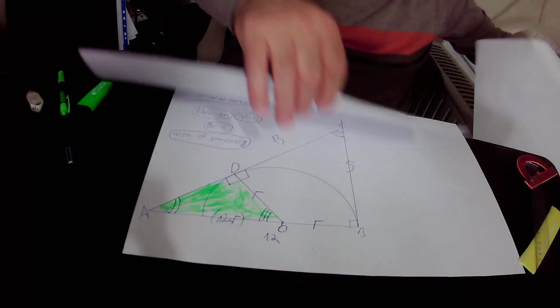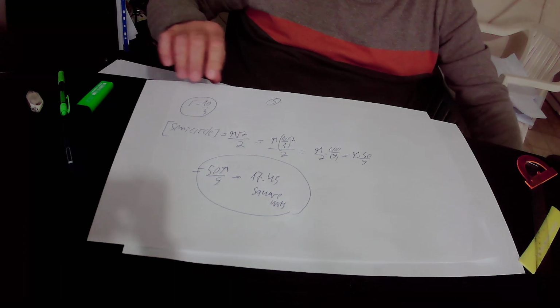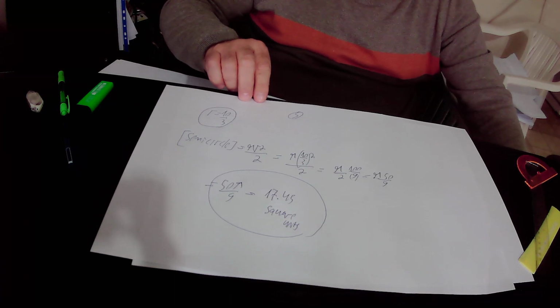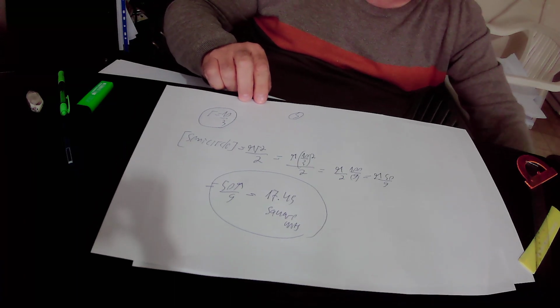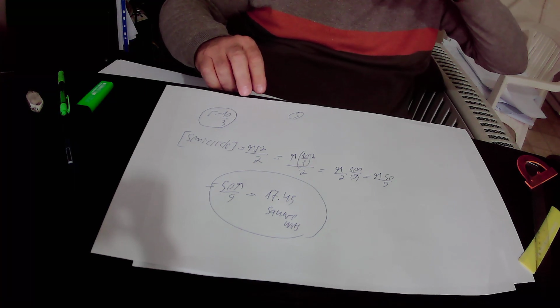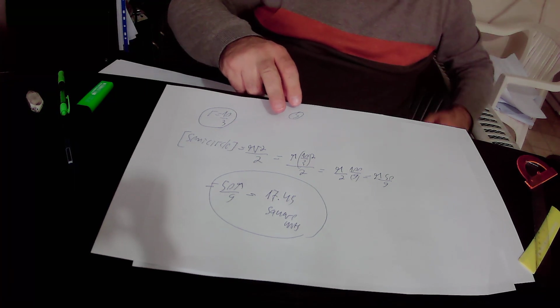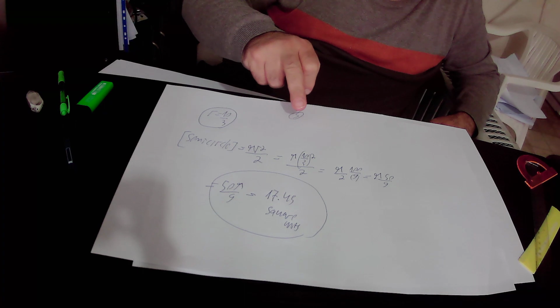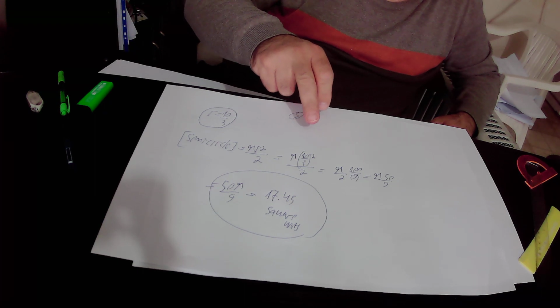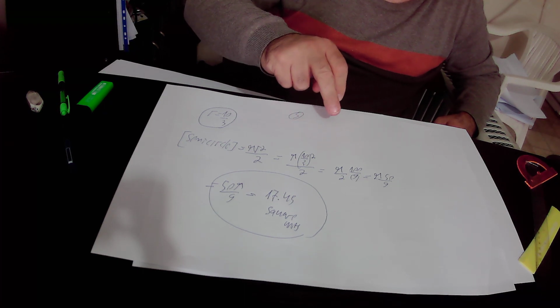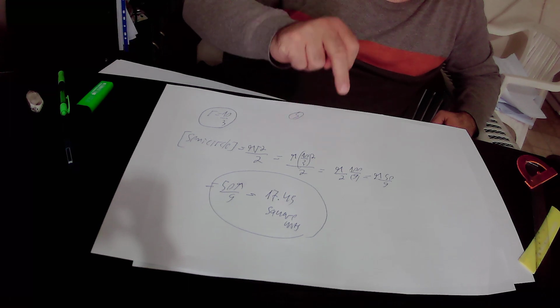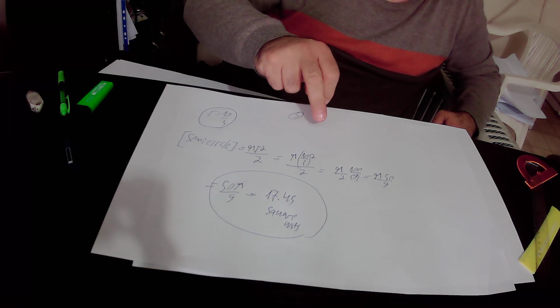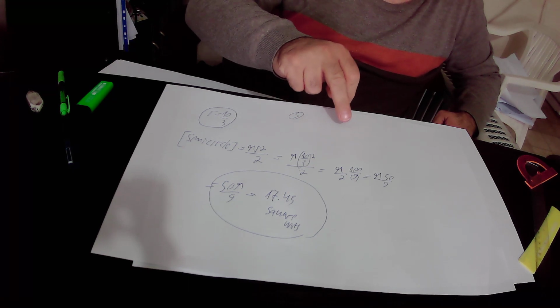And then the area of the semicircle will be equal to pi R squared over 2. R is 10 over 3, so R squared is 10 over 3 squared, over 2. 10 over 3 squared is 100 over 9, all divided by 2.